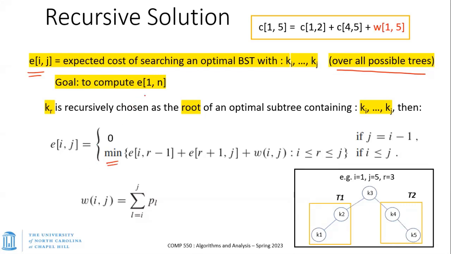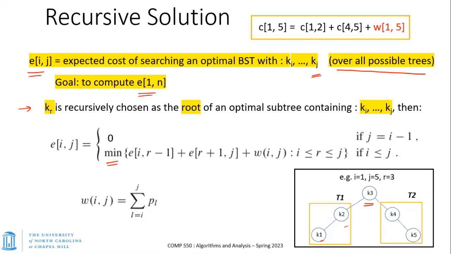Our eventual goal is to find the optimal solution, so our goal is to find E1,N, where you have N of these keys. What we're going to do is select each one of these keys to be the root. Earlier I had fixed the root to be K3, and we determined the cost when K3 was the root. That's one possible BST. Now you could select each one of these to be the root in turn.